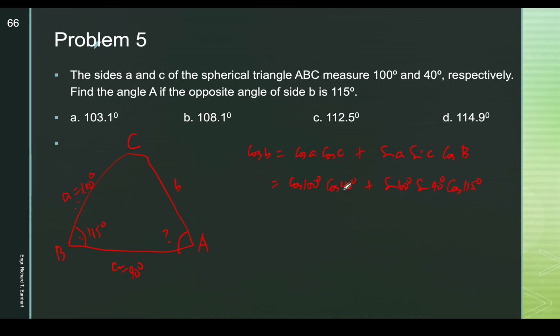So we can compute for this one and then get the arc cosine to get B. Your B here will be 113.6 degrees.